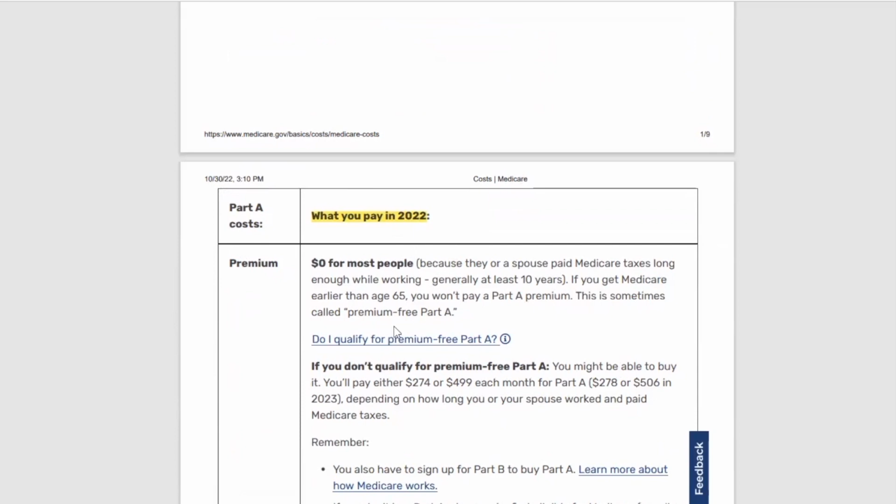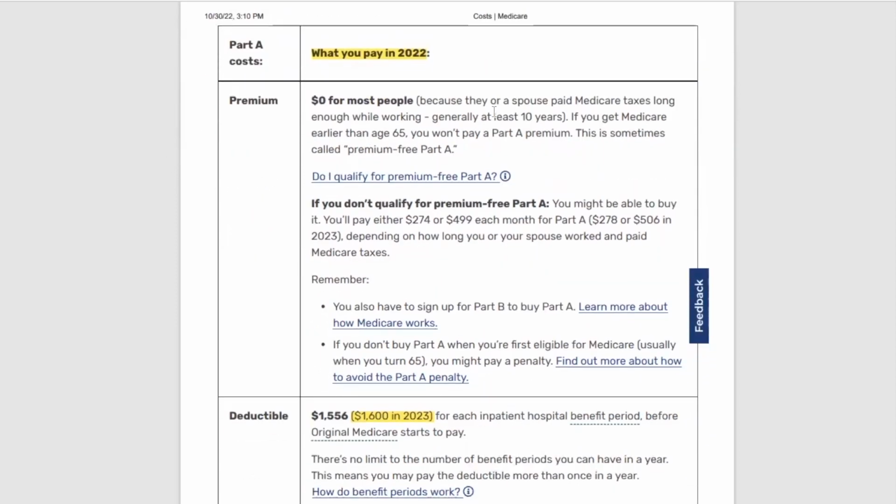So when someone worked in the US for 10 years, 40 quarters, when they turn 65, they are eligible for Part A. And for most people, that would be $0 per month for Part A because they paid into that. They paid Medicare taxes. So it's not really free because they paid into that in their taxes, okay? So Part A is $0, okay?